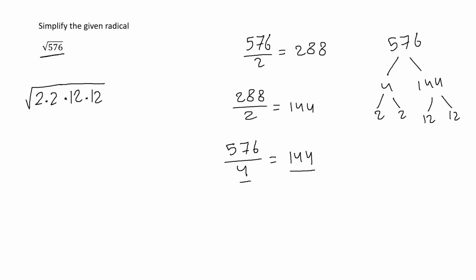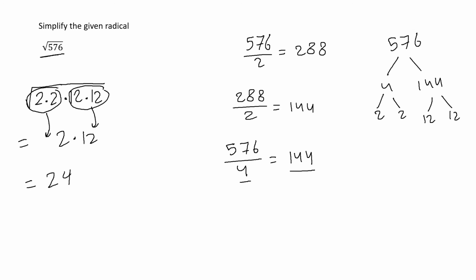When we take the square root, we're looking for pairs of numbers. For the pair of 2's, we can pull one 2 out, and for the pair of 12's, we can take one 12 out. So 2 times 12 gives us 24.